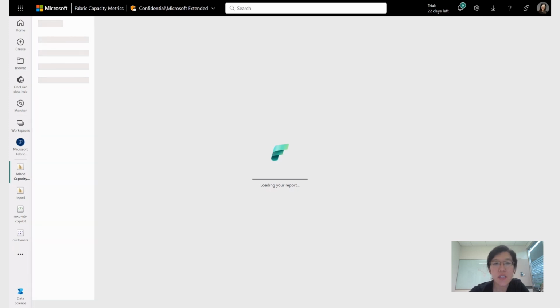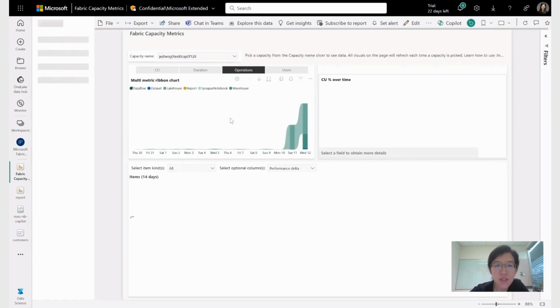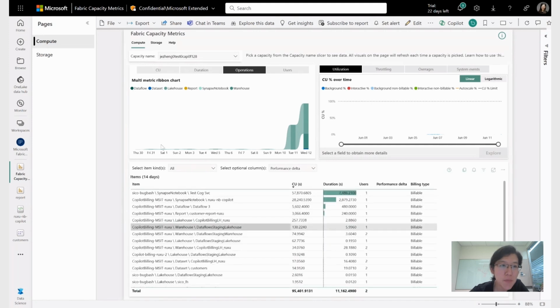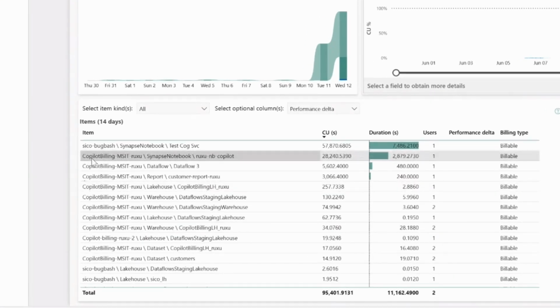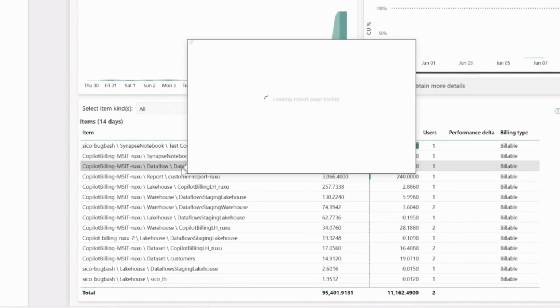It may take a few minutes for your Copilot actions to show up in your capacity metrics app. Once it's completed, if you go to the capacity metrics on the compute page, under your workspace name, for example under my artifact type dataflow, I have my dataflow 3.